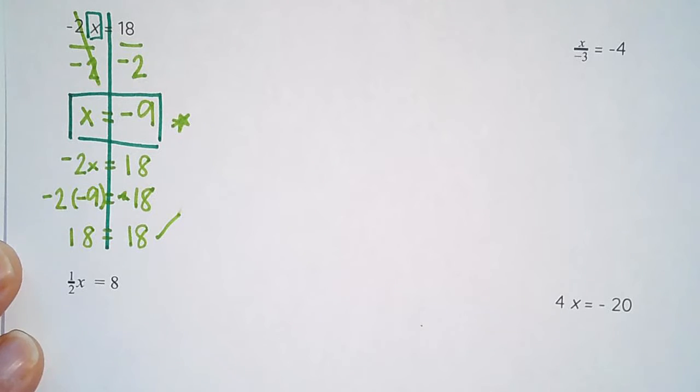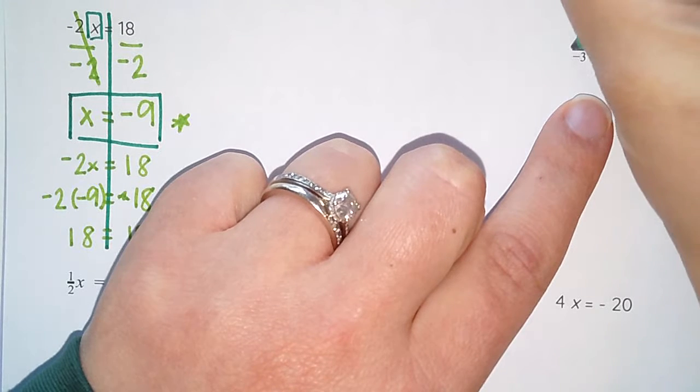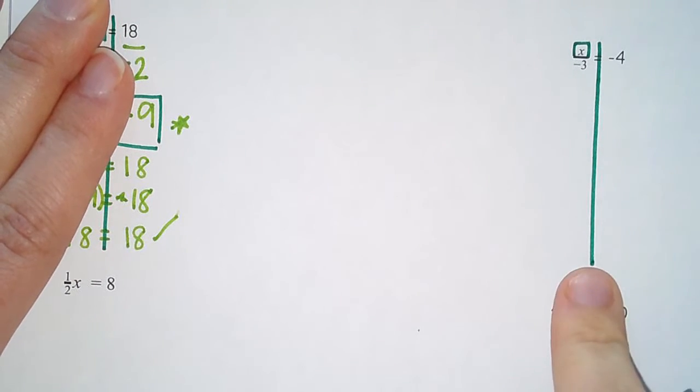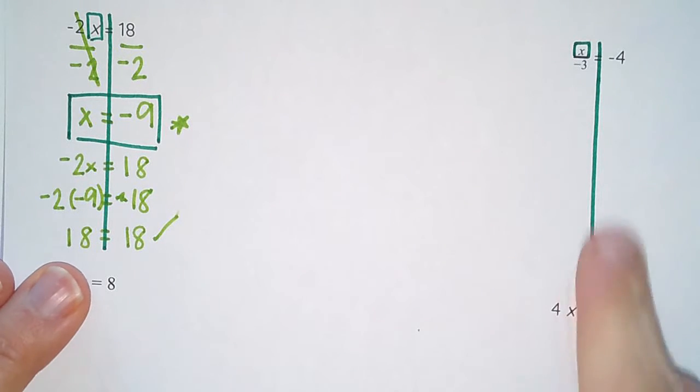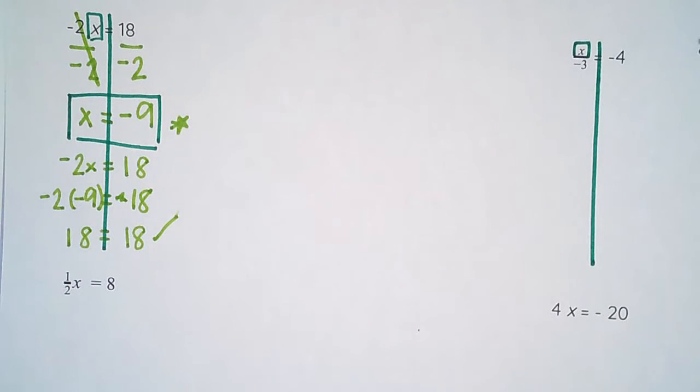All right, let's try another problem here. Again, I can start by boxing my variable and drawing my line. This line shows my balance. It helps remind me that whatever I do over here, I must do over here. Step 2 is to ask myself how I can isolate that variable, that variable in that box.